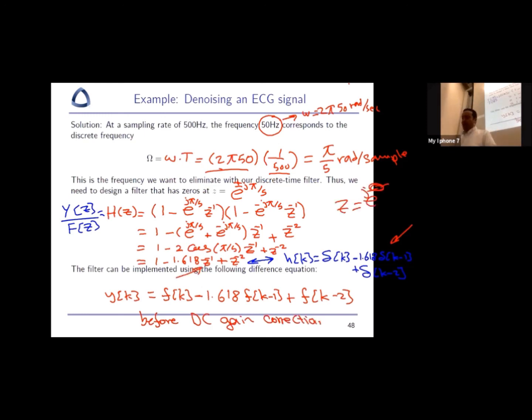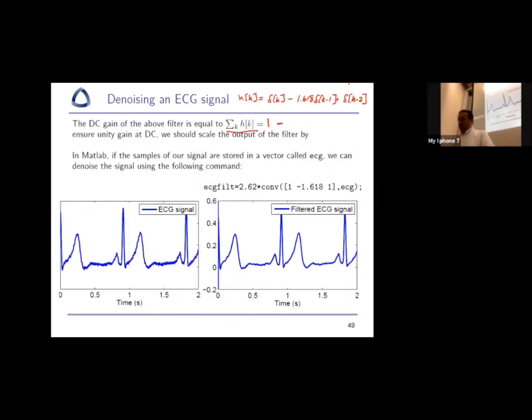At DC, z equals 1, so that will be 1 minus 1.618 plus 1, which gives you 0.382. So we need to divide by this number, that's about 2.62.